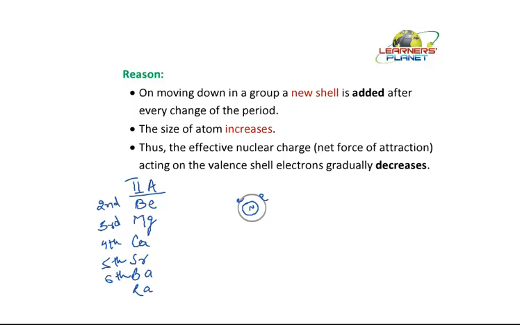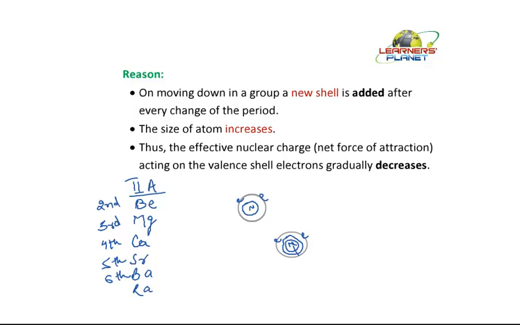So how many shells are there in magnesium? It would be bigger than beryllium. And how many shells would be there, students? It would be 3 shells there. Okay, so there are again 2 electrons but there are 3 shells.